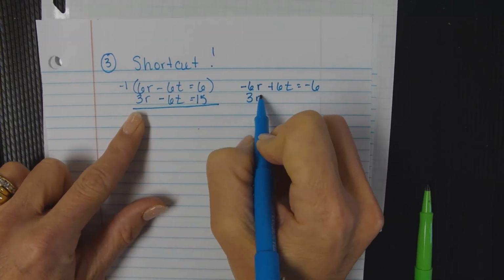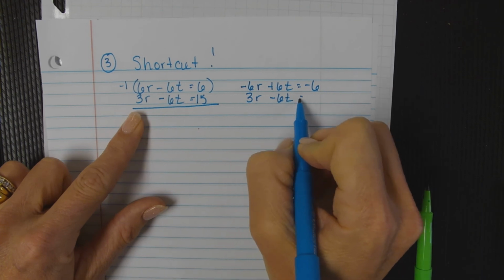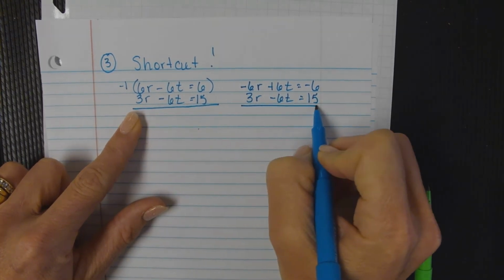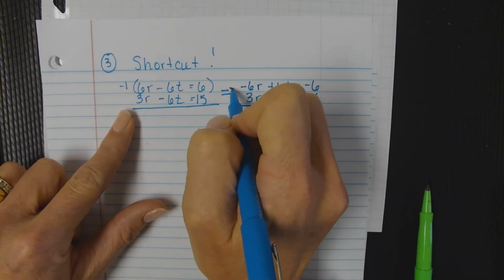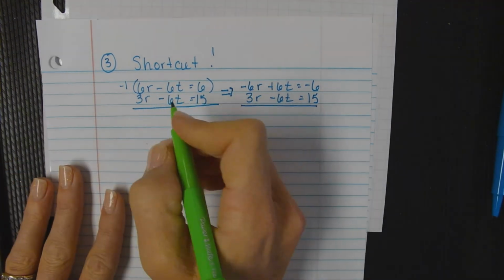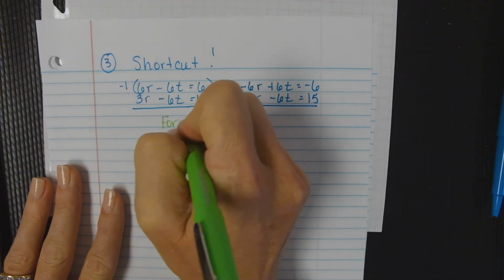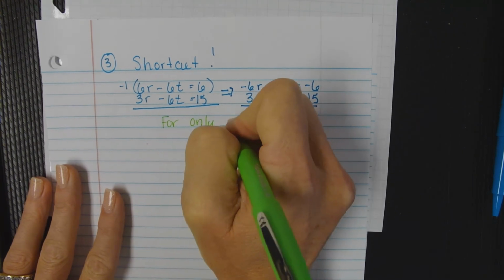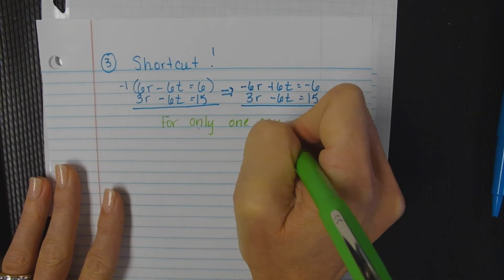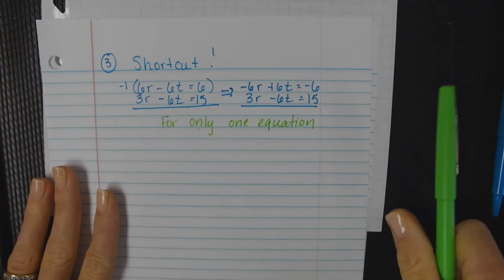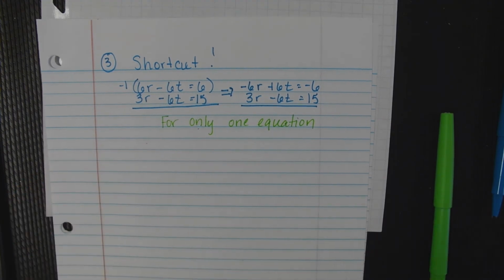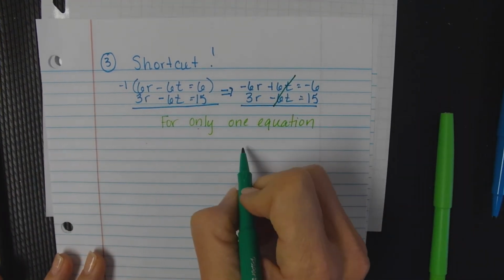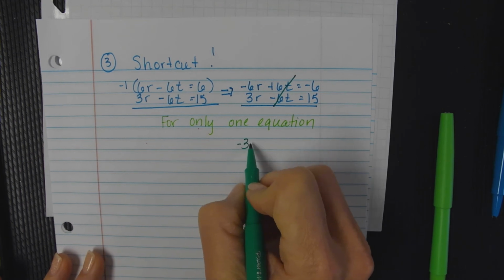So now you have... you only change it for one. Now the t's eliminate. Boom. Here is the work. I'm going to do this very quickly.